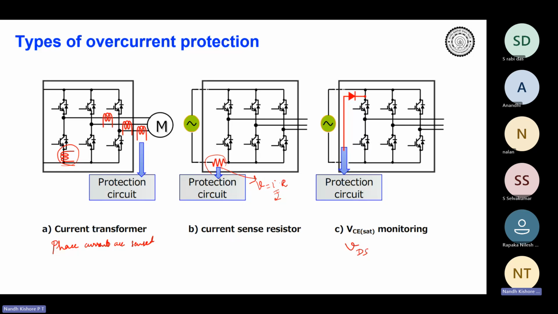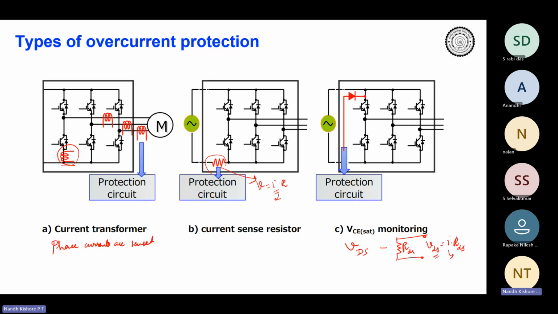And you know that when the device is completely turned on, the device acts in the ohmic region, presenting a proper RDS. So if you sense the voltage across the device, VDS is basically I into RDS. So if there is any increase in VDS, you know that current has increased. Correct? Again, if there is some fault, then your VDS will increase, and you know that the current has increased. Okay. So these are the modes of sensing overcurrents.